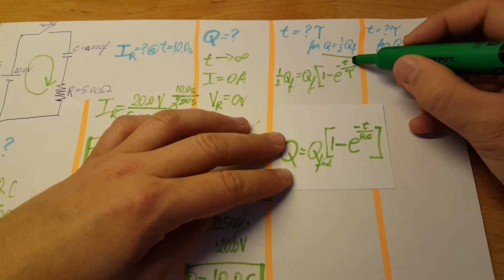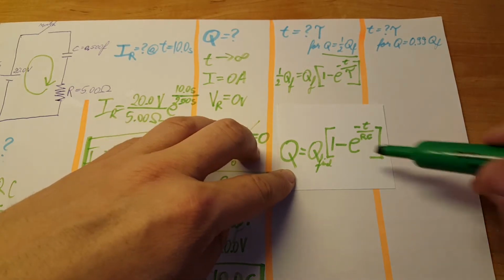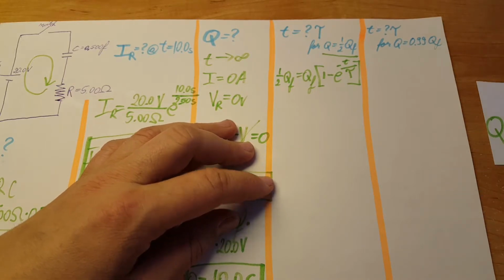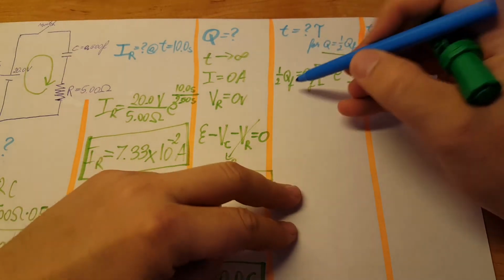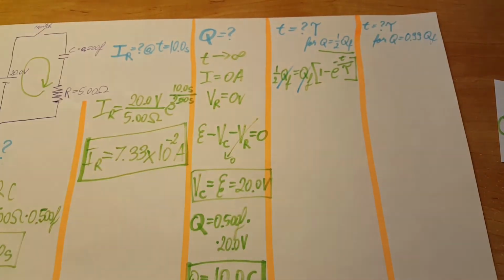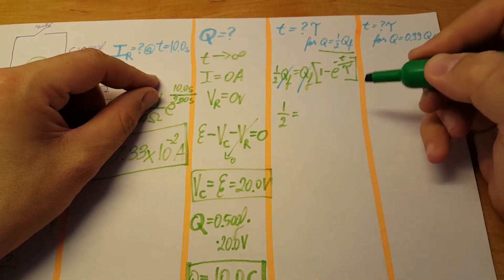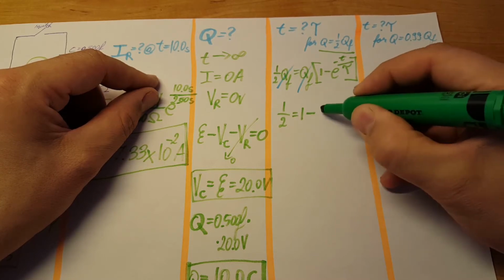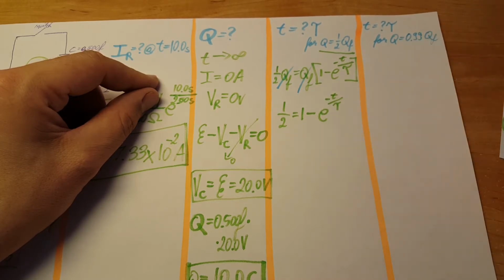In this case we are interested in the tau, not in the pieces of RC and the components. Now we can see that we can get rid of the Q final. It's on both sides, so we can simplify it out. Let's see what we have left. 1/2 on this side, and here we have 1 minus e to the negative t over tau.